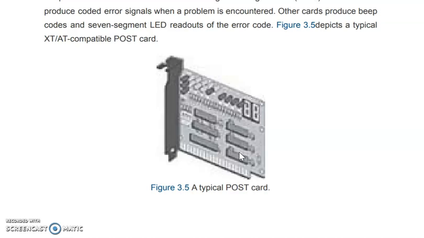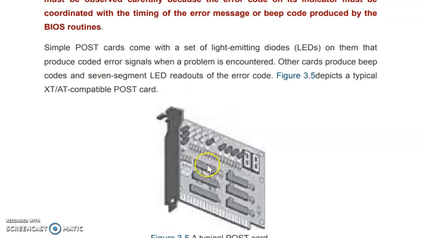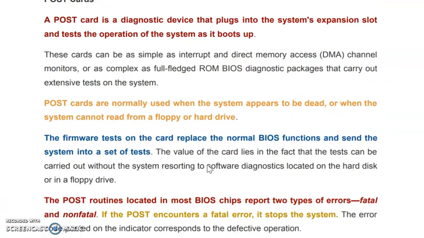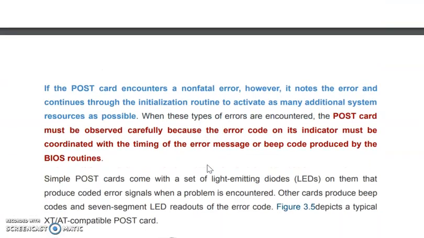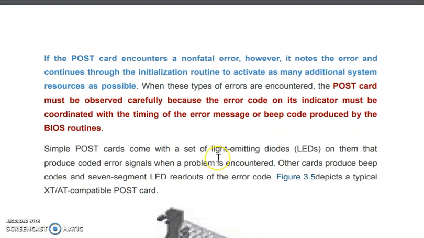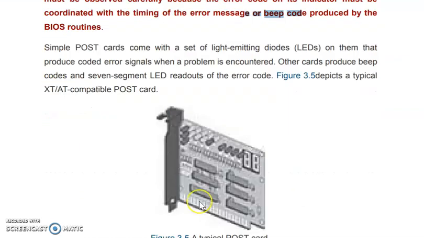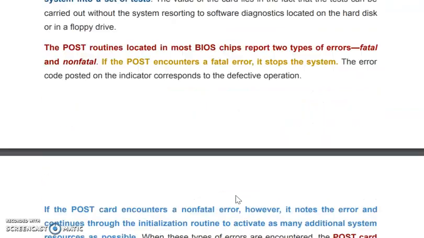In the same way you fix it, and it will test these problems, why it is not able to read from the memory or the hard drive, where exactly the problem is, and it will give some signals, beeps, and messages that an error has occurred. So it gives a beep code through this postcard.